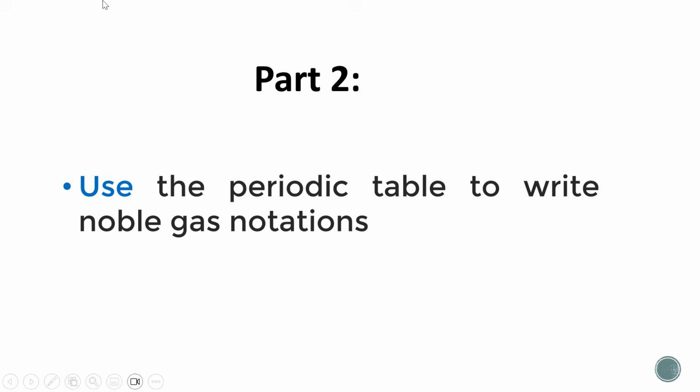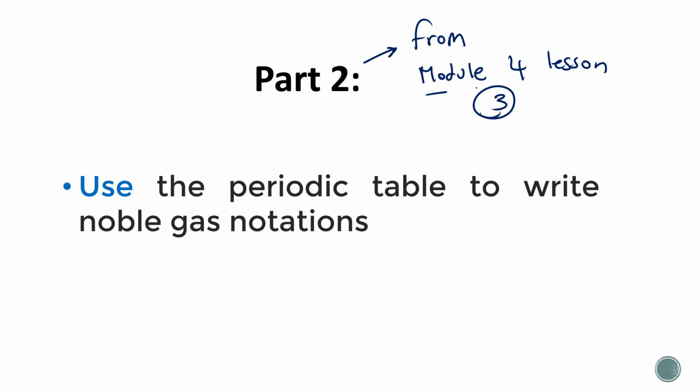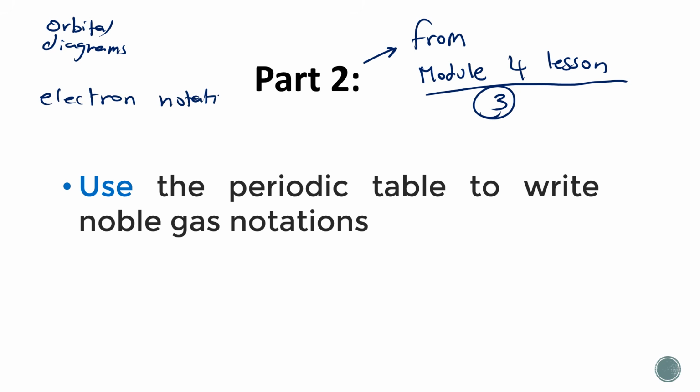So now we go to the second part of this lesson. And the second part is actually from module 4, lesson 3. You remember we have orbital diagrams and we have electron notation.